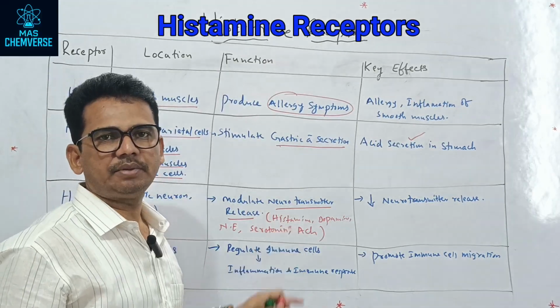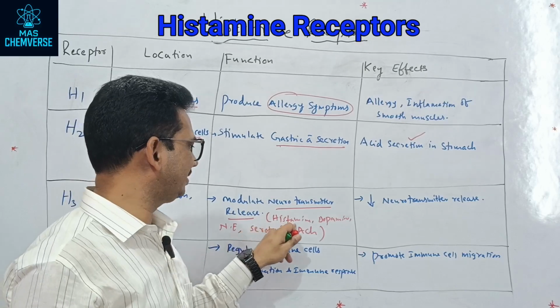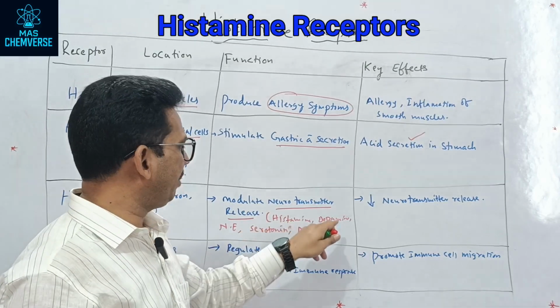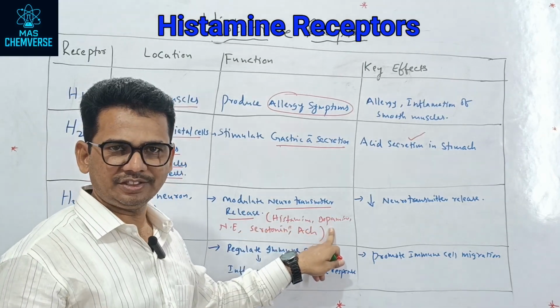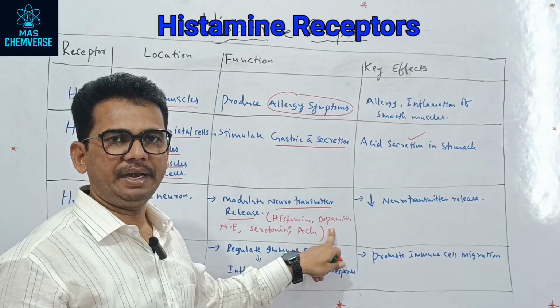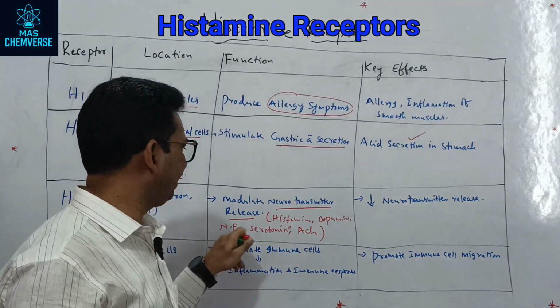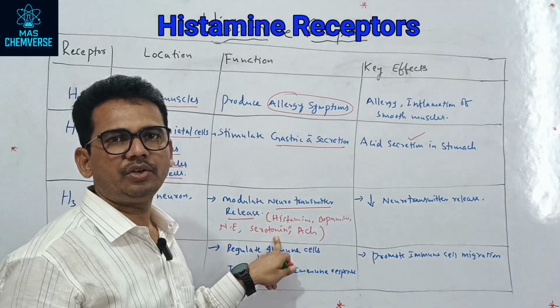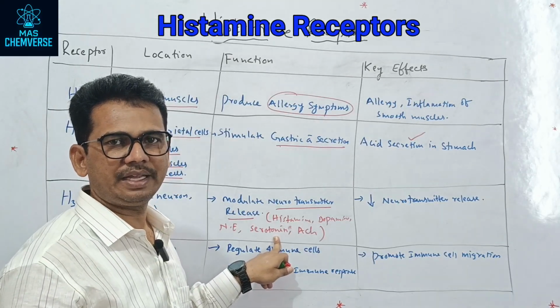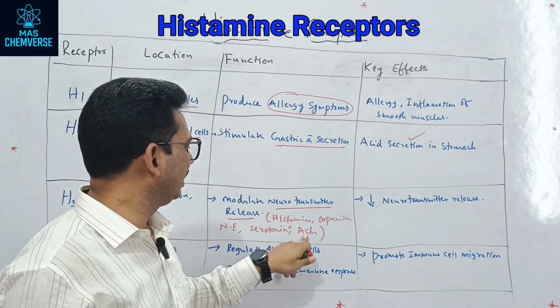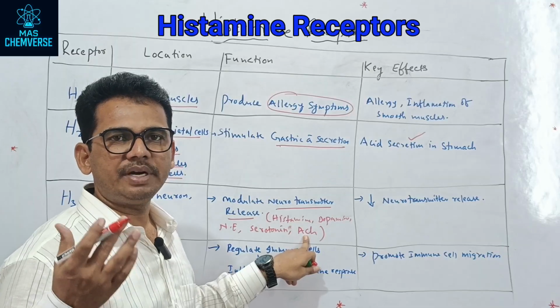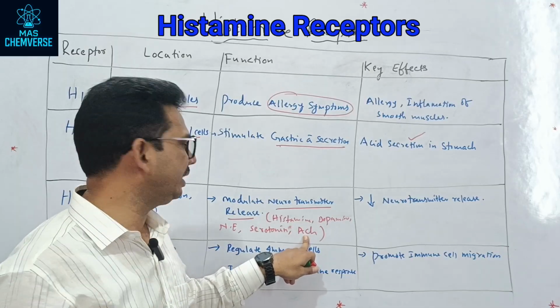We know the release of histamine causes allergy. Dopamine is a neurotransmitter that maintains balance in the brain, like norepinephrine. Serotonin, as you know, is responsible for happiness and many other things. Acetylcholine controls muscle movement.